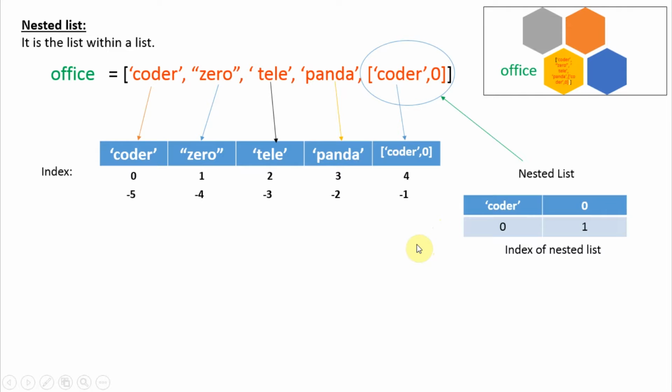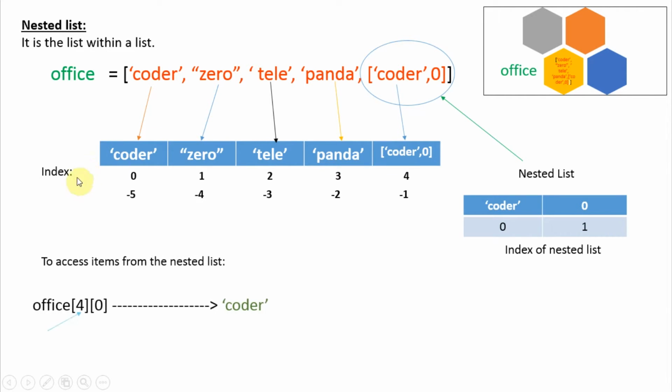So here is the question: how do we get this value coder from the nested list? To do that, we first have to go to the location of the nested list, right? The nested list is present at index number 4 of our main list office. To go to this nested list, we do the index operation just like this.